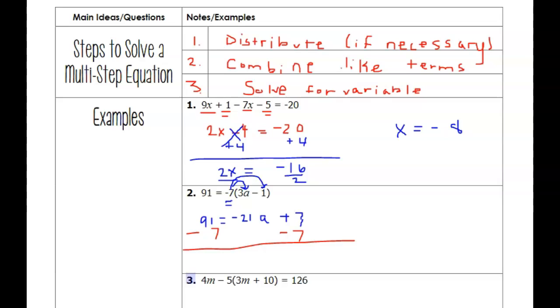Subtract 7 on both sides, and I end up with a 91 minus 7, which is 84. That's equal to -21a. All right, -21a. And I am going to get rid of that -21 by dividing by -21 on both sides.